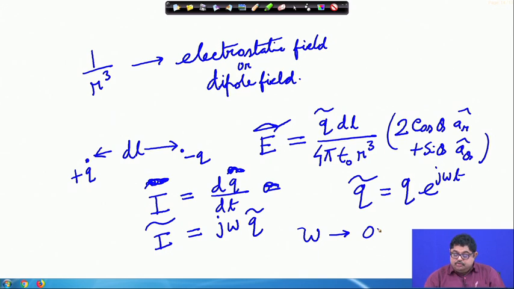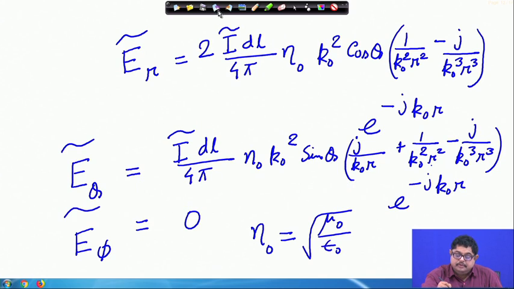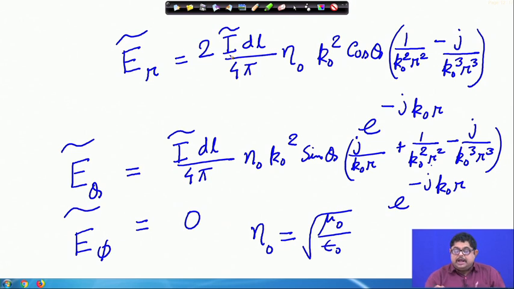That means, you go to our electrostatic field, let me see. So, here in this electrostatic field, instead of I you write j omega q, and that omega you force to 0, and you will see you will get these two fields.